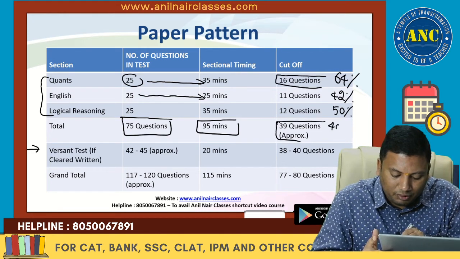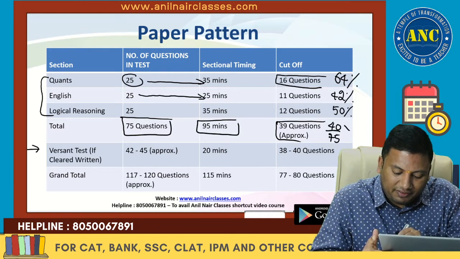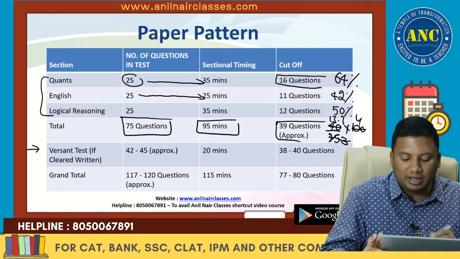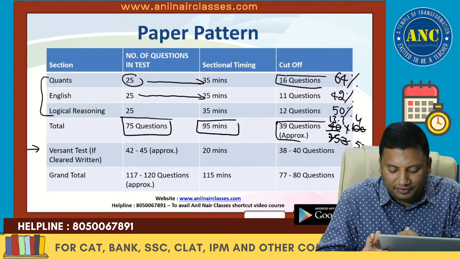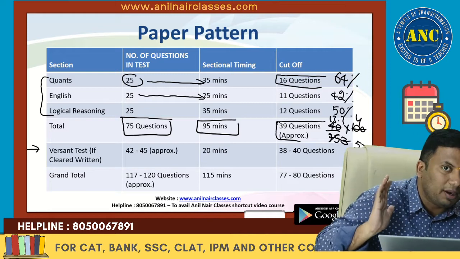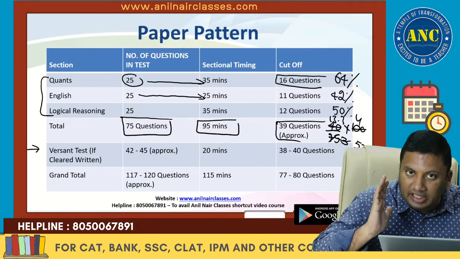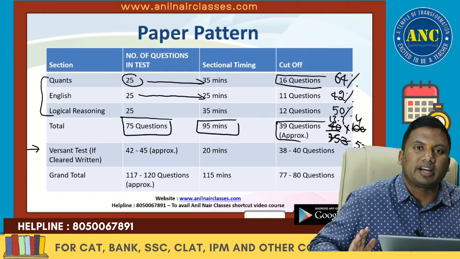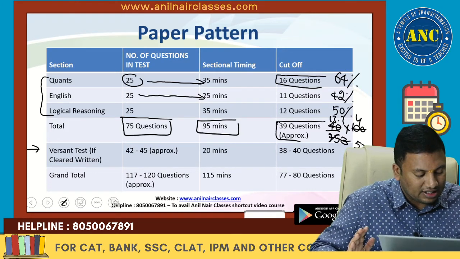If I round it up to 40, 40 by 75 into 100 is 53.33, so almost 53% of the total paper you should get right. Again I am repeating important points: 95 minutes, 75 questions, and 53 you should get right to clear the written test.